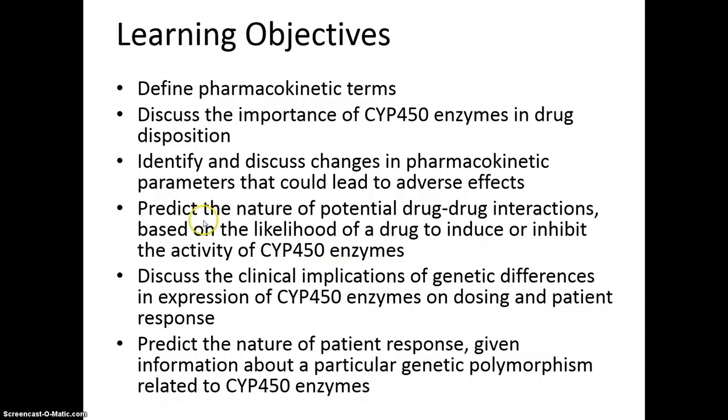We're going to be looking at CYP450 enzymes in particular, and a little bit at genetic polymorphisms that also lead to changes in patient response to a drug because of changes in metabolism.